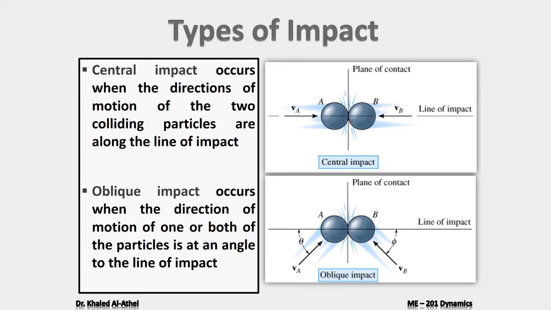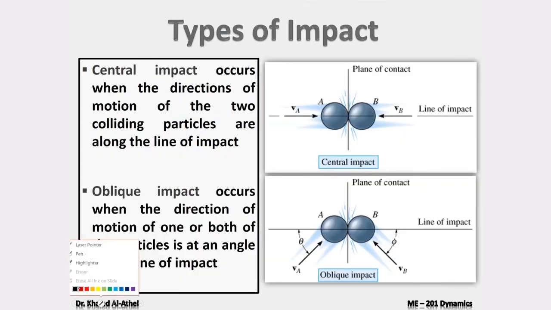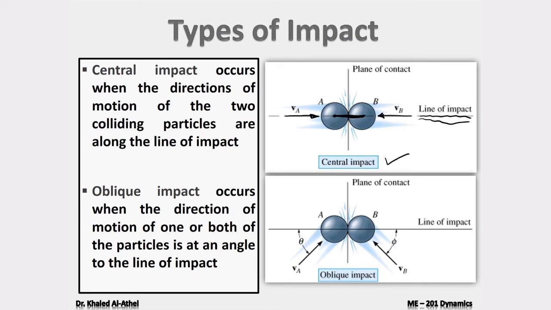For example, in this case, this is the center of mass for the first one, this is the center of mass of the second one. Let me connect the two. So this line is my line of impact. Now, look at the two objects, and it has to be both of them, not just one of them. Both objects or particles have a velocity that is acting along the same line of impact. In this case, we call it central impact.